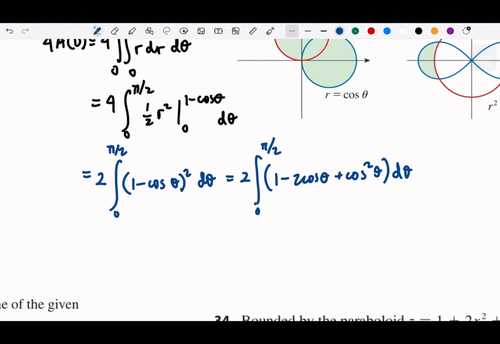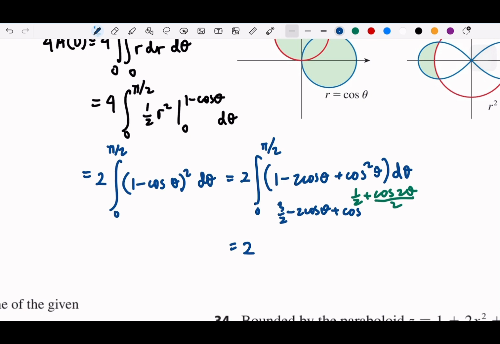So this will be half plus cosine 2 theta over 2, right? Okay. And then we have 1 plus this, so this will be 3 over 2 minus 2 cosine theta plus cosine 2 theta over 2.